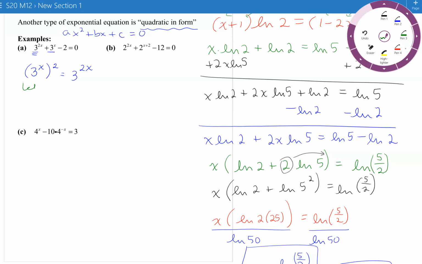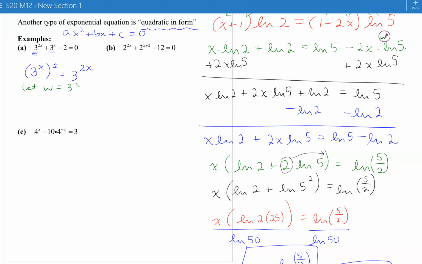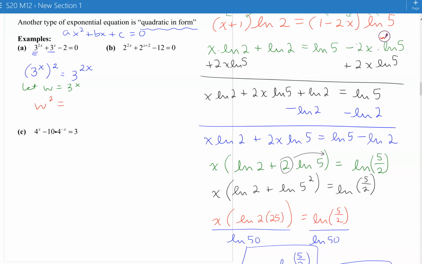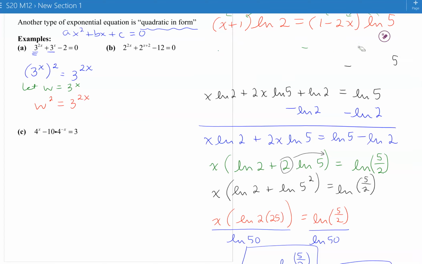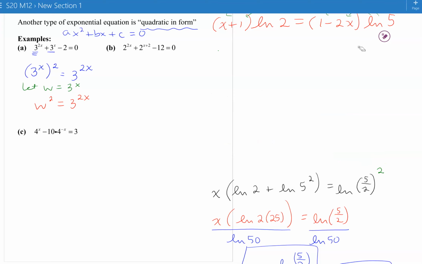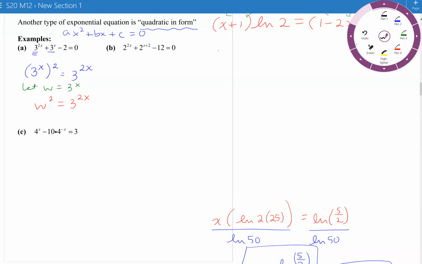So if we let w equals 3 to the x, then w squared is going to be 3 to the 2x. And I can write my quadratic in terms of w, so with w's instead of x's.